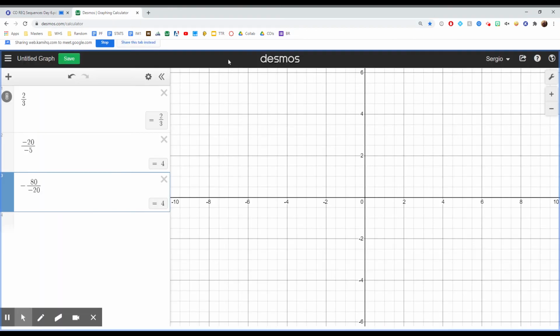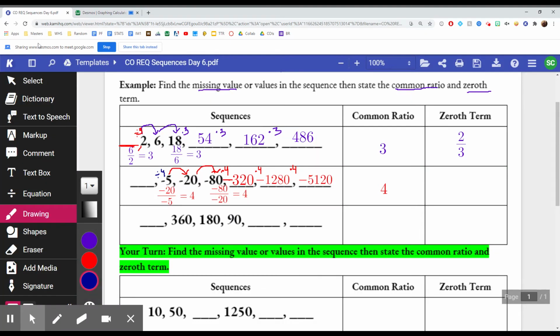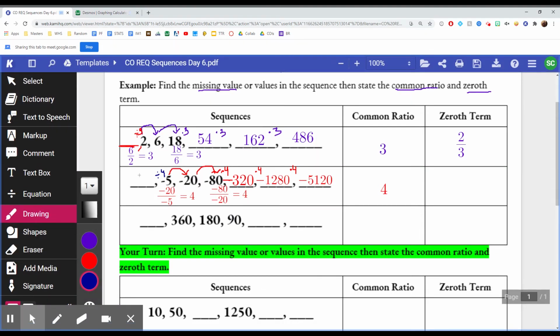And to do that, I'm going to go here to decimals. -5 divided by 4 gives me -1.25. Or, because I like fractions, -5/4. Okay, so I'm going to go back here and type -5/4.